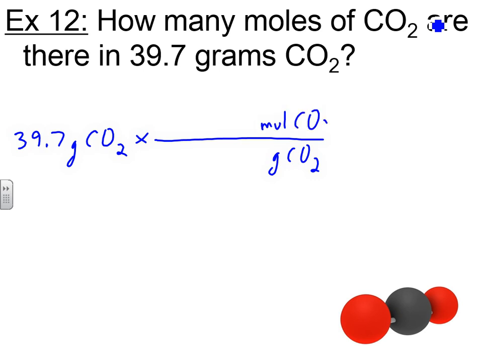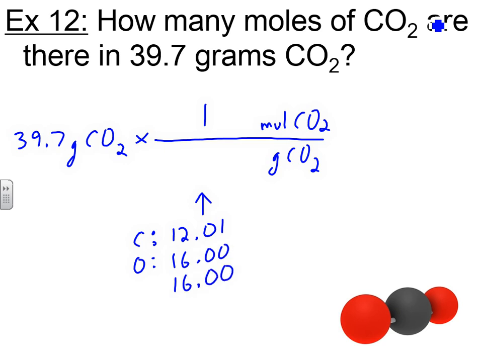Well, in this case, we have to add up the mass of carbon and 2 oxygens. The mass of carbon from the periodic table is 12.01, and the mass of oxygen is 16, and there are 2 of them, since CO2 is 2 oxygen atoms. The subscript refers to how many of the element before it.